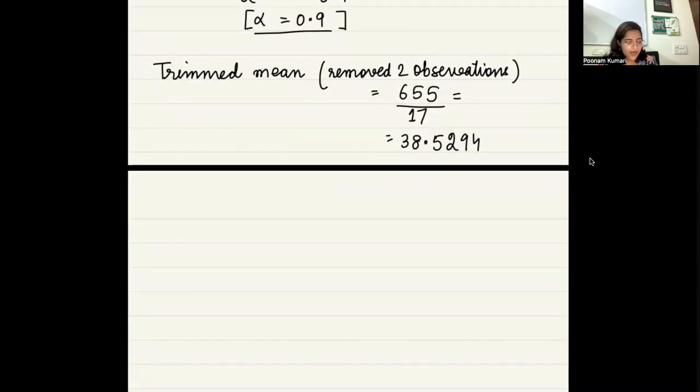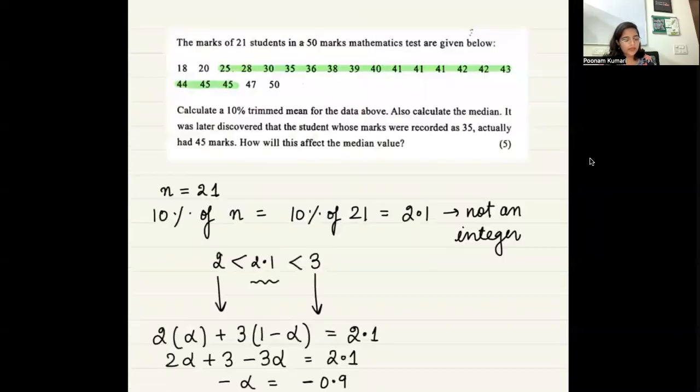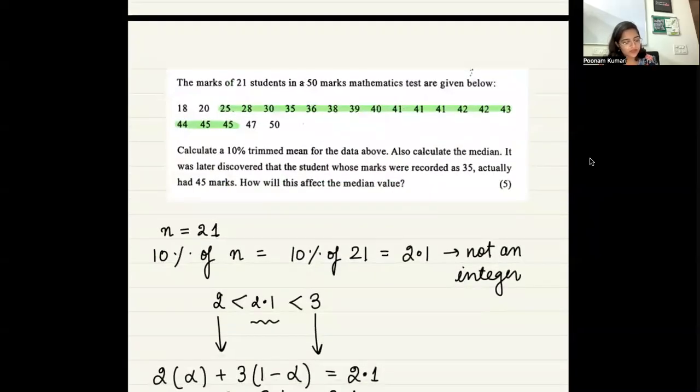Now you have to find the trimmed mean when you remove 3 observations on each side. What would that be? You'll have to remove this and this as well. So from 655, you can just remove 25 and 45.